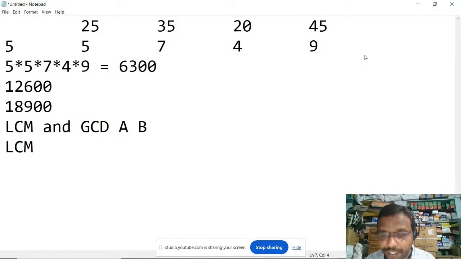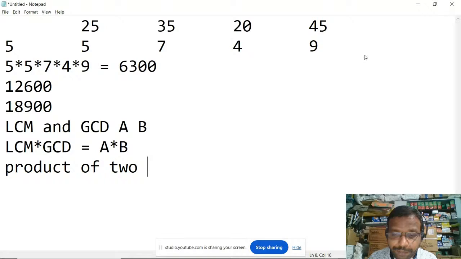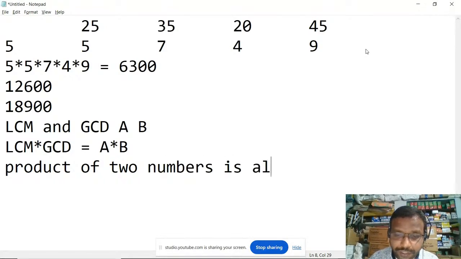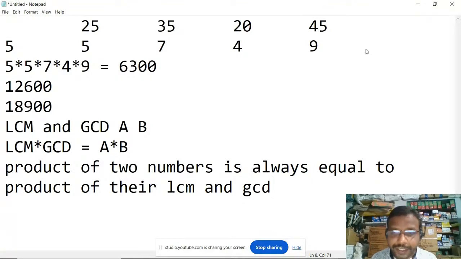LCM into GCD is equal to A into B. The product of two numbers is always equal to the product of their LCM and GCD. Important formula, especially for Infosys. Got it?